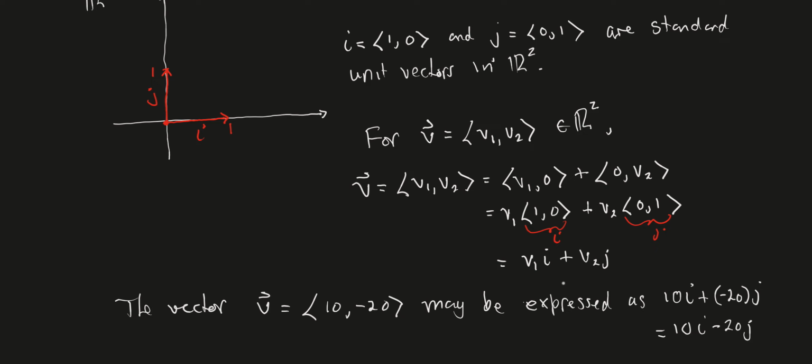So now using these, this is our standard unit vector notation, and this is the component form of the vector. It's telling us the same thing, just in a slightly different way.